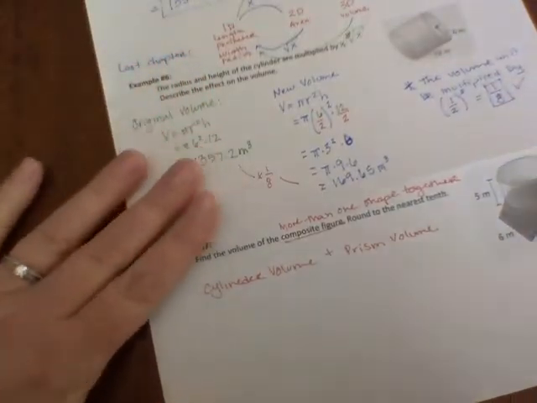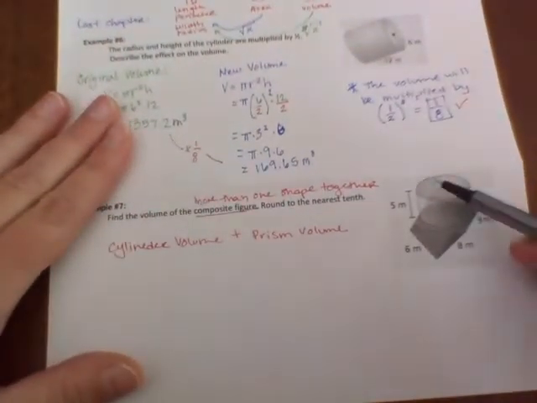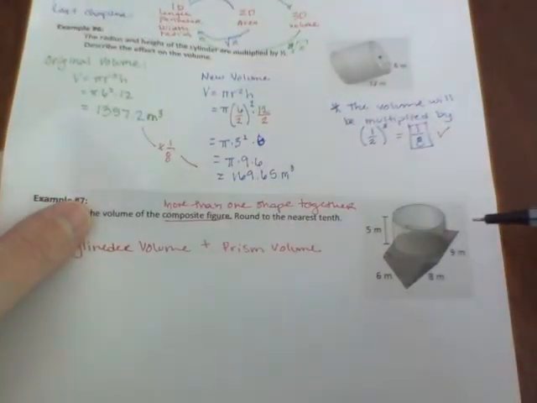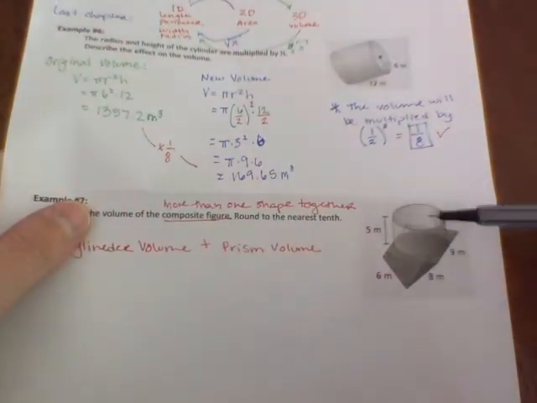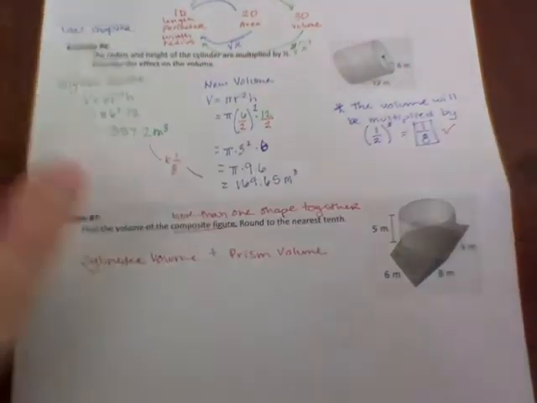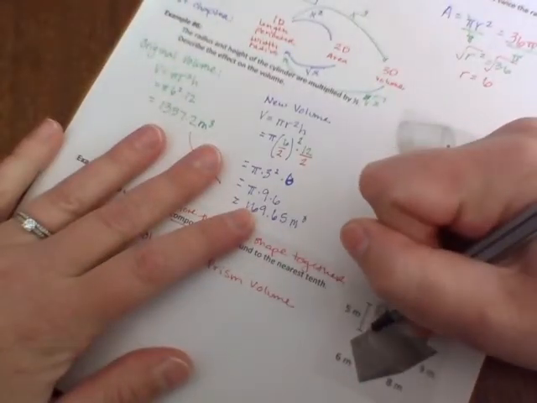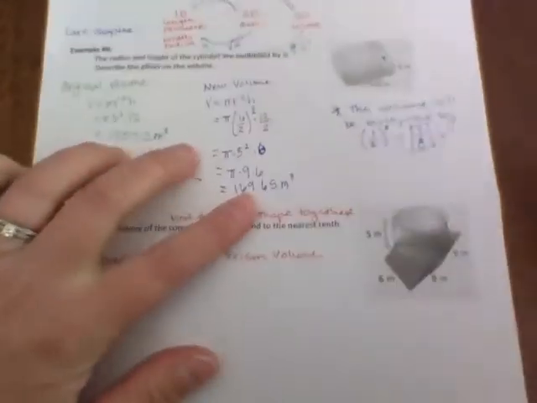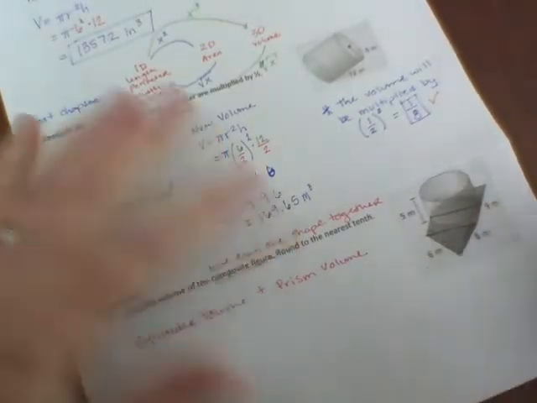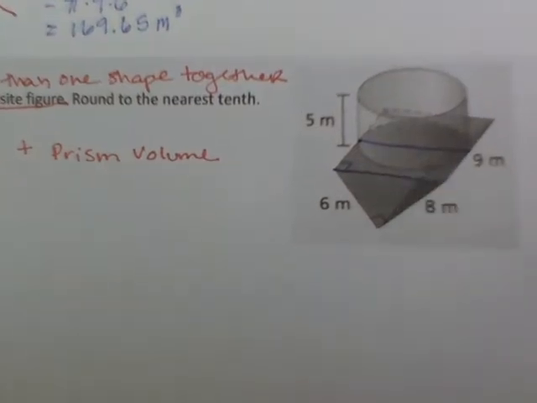So in order to get our composite figure, we'll do our cylinder volume, which has a height of 5. They're also not having this cylinder go completely across this rectangular side, but you'll notice that it does go completely across this side here. So we would be able to find our diameter of this side if we know what this length is. And we can find that length because this triangle right here is a right triangle.